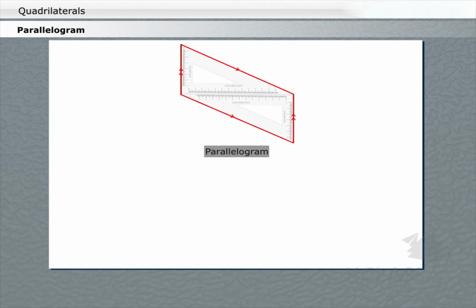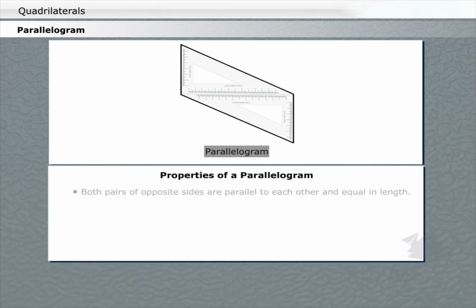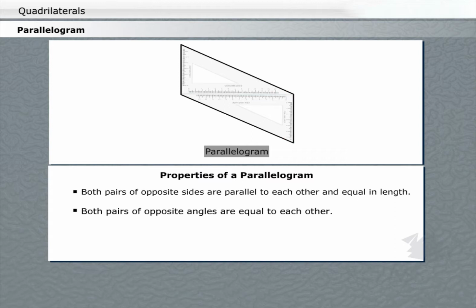Observe the sides of a parallelogram. Are they equal in length? What about the distance between the opposite sides? Both pairs of opposite sides are parallel to each other and equal in length. Both pairs of opposite angles are equal to each other.